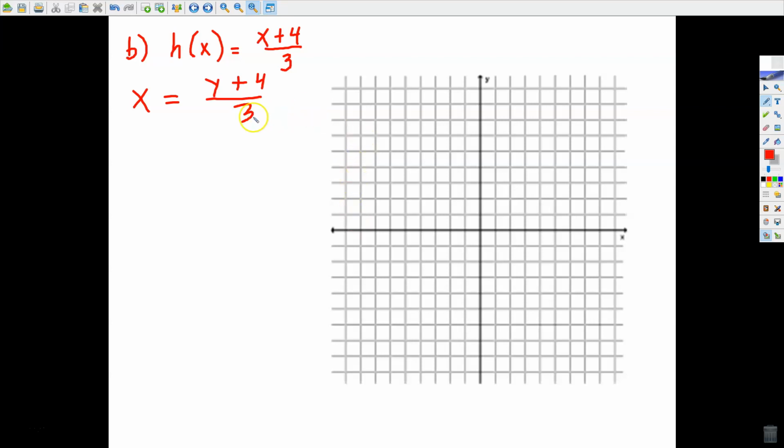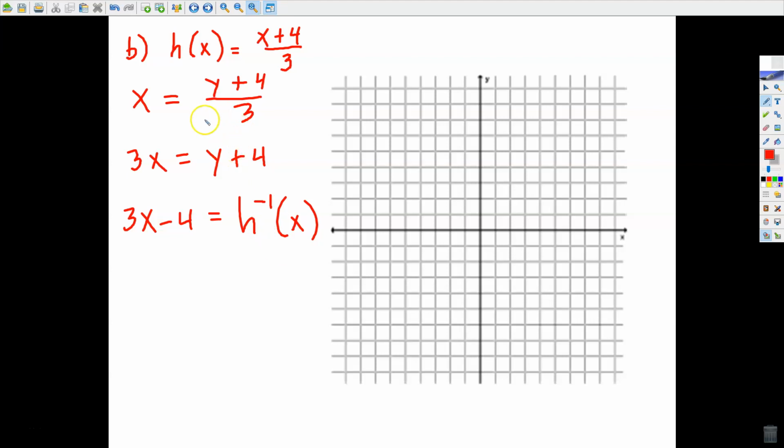So to solve for y, I'm going to have to multiply by 3. And then I've got one more step, and that's subtract 4. And now that I'm in solve for y form, I'm going to use the notation. And since this is an h function, this is going to be h, the inverse of h.